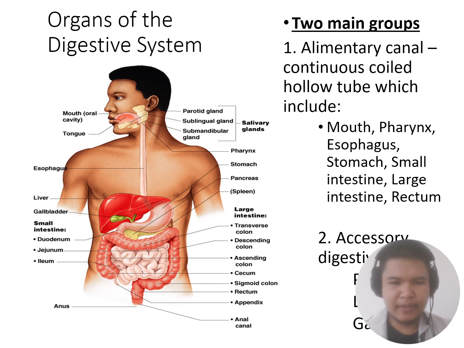Now, each of these accessory digestive organs also has a designed purpose to contribute in the process of digestion. So they provide their own form of enzymes to help in the digestion of food.